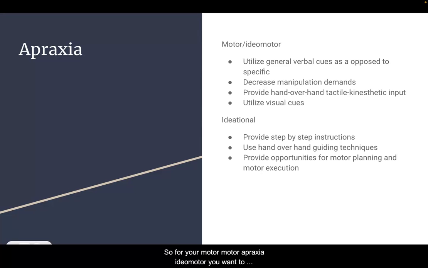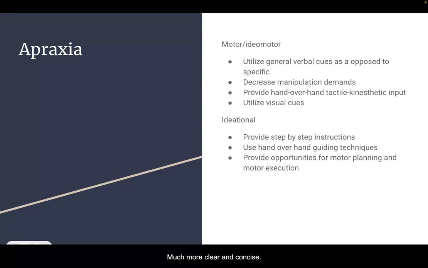So for your motor apraxias, ideomotor, you want to utilize general verbal cues as opposed to specific cues. If I say, pick up the notepad on the table and bring it over to the desk, that is very specific, versus using a more general cue such as pick up the book.